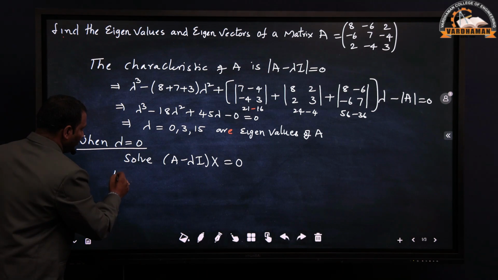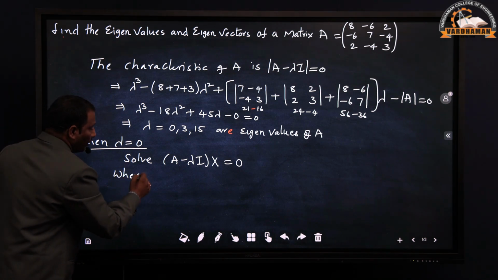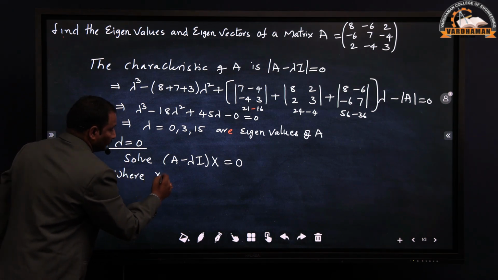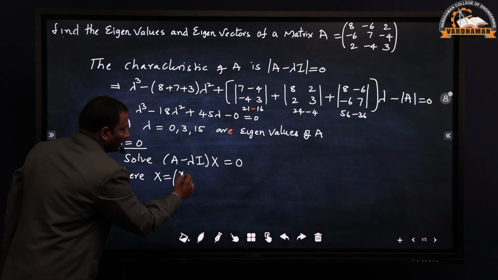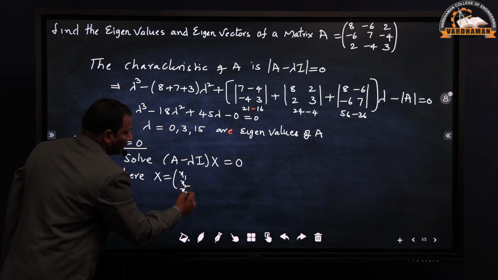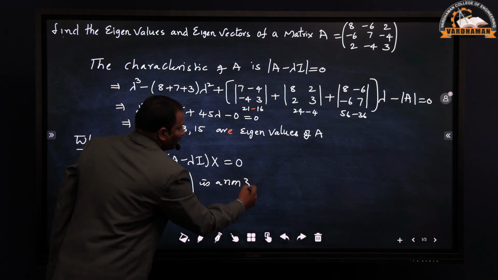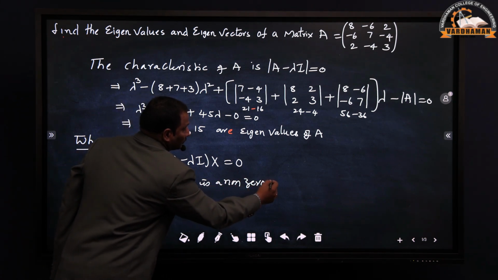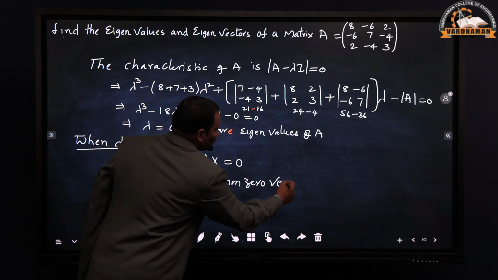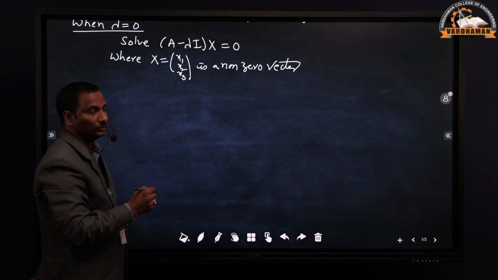Where x is a non-zero matrix, where x is considered as x1, x2, x3, a non-zero matrix, or we can call it a vector.